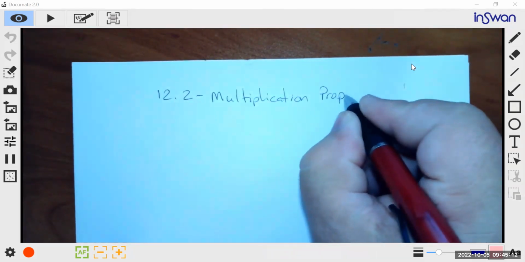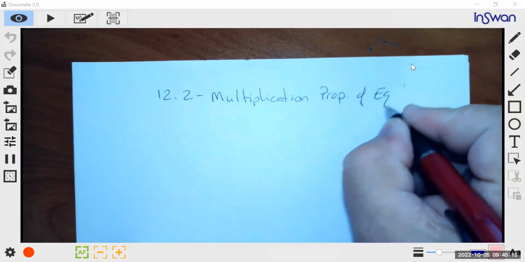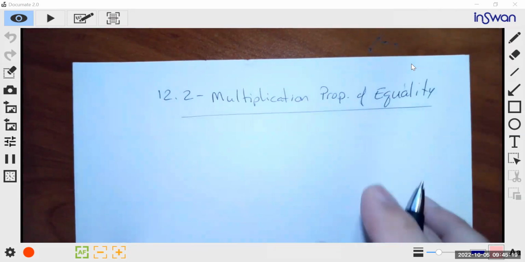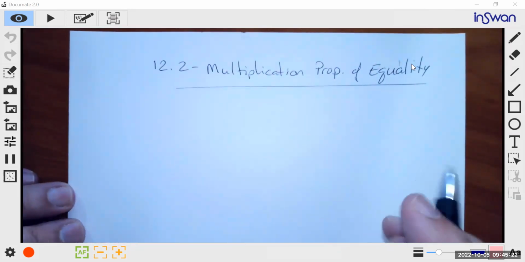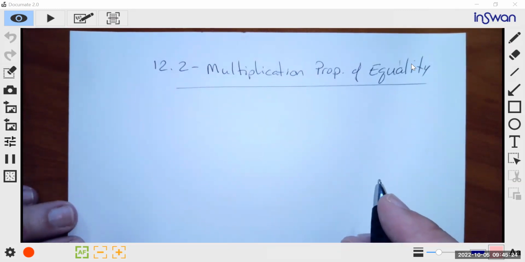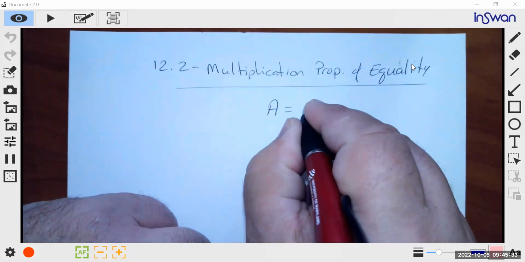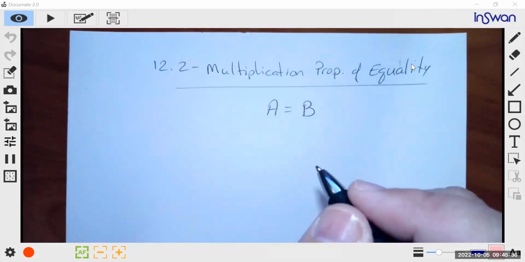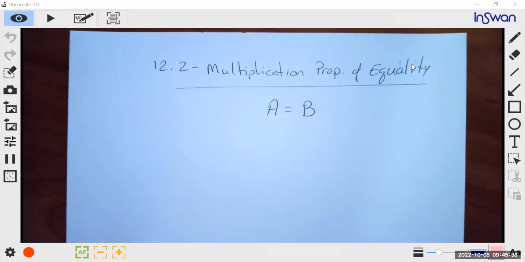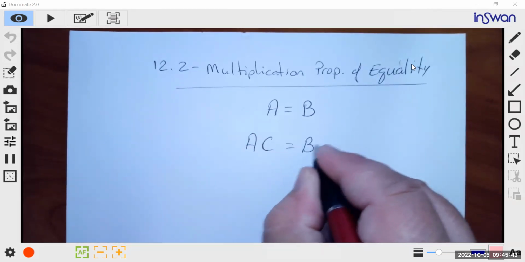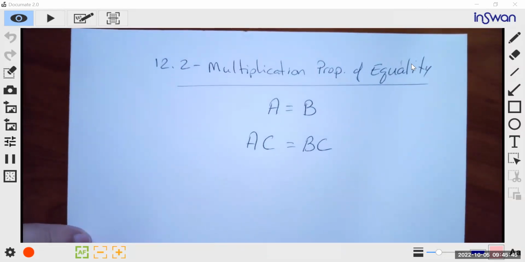Multiplication property of equality. What this one says is if A equals B, if any two numbers are equal, if I multiply the left side by some number C, and I do the same thing to the right-hand side, it gives me the same answer.